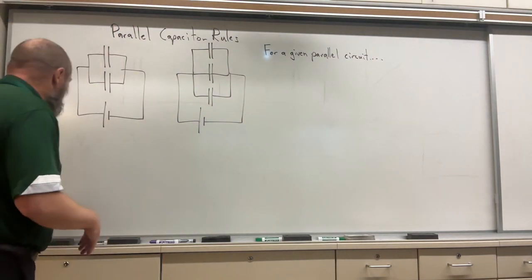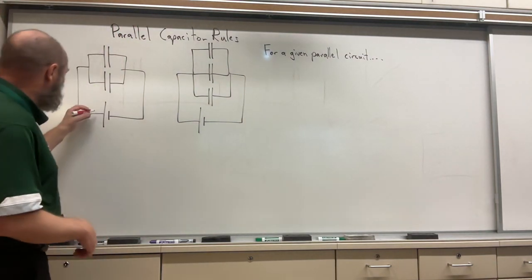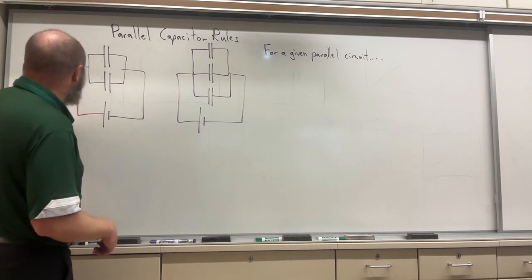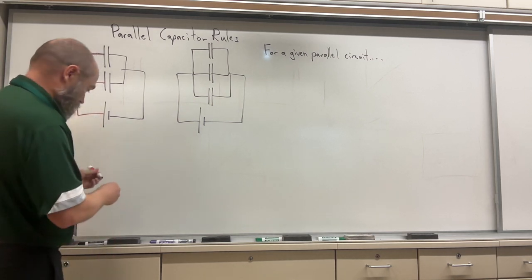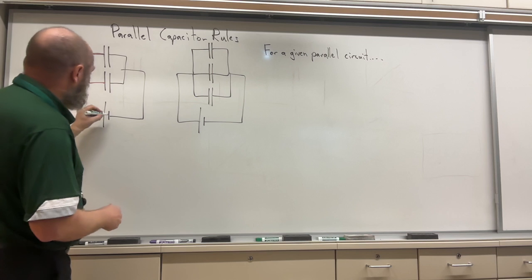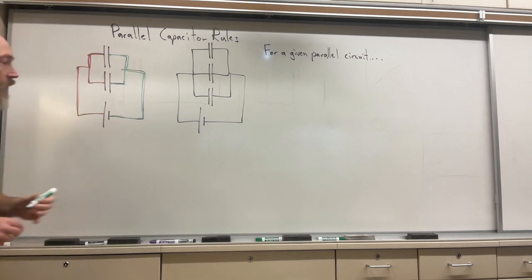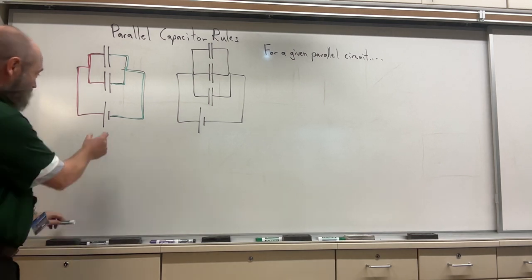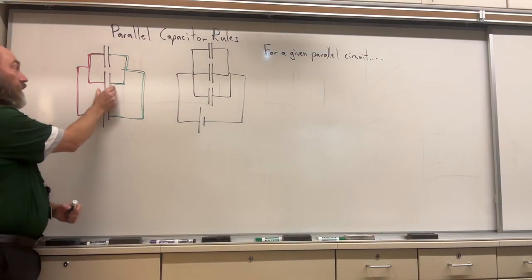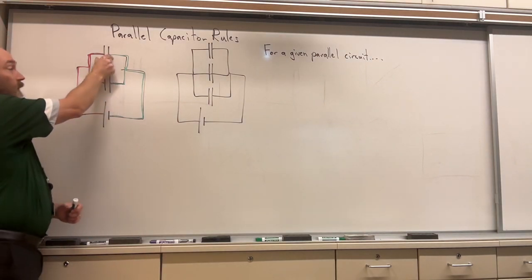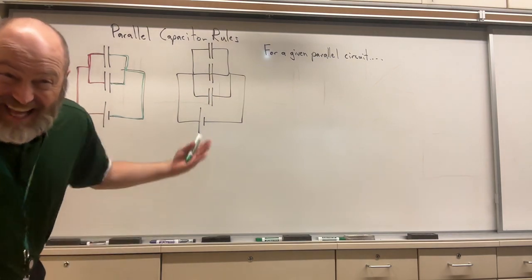If you draw your equal potential lines, like here is my high equal potential line. Here is my low equal potential line. Do you see? Battery, red, green. Capacitor 1, red, green. Capacitor 2, red, green. Guess what?